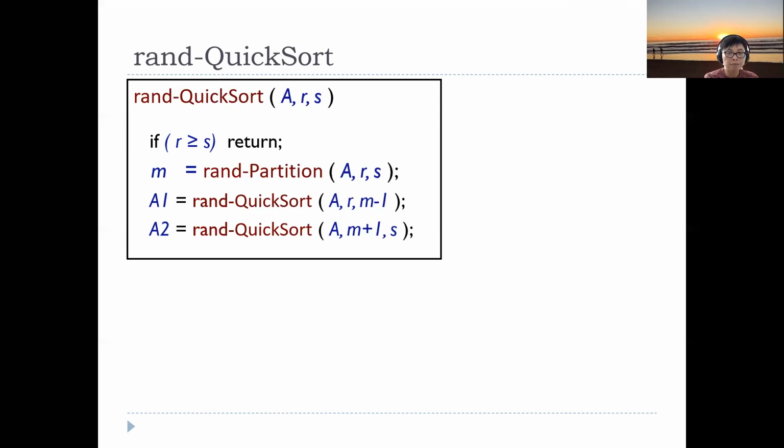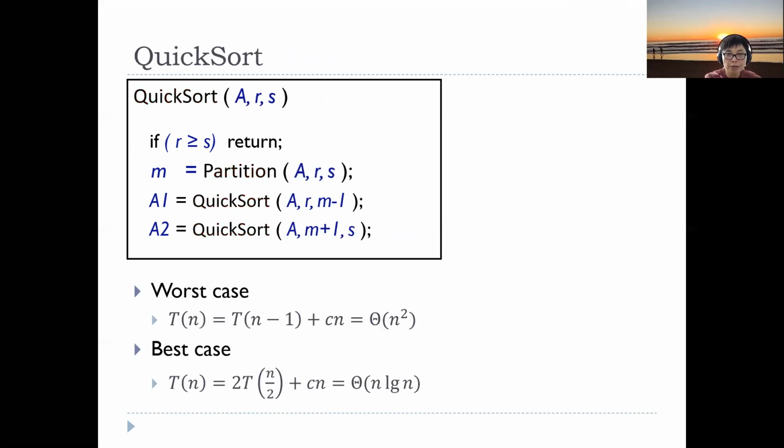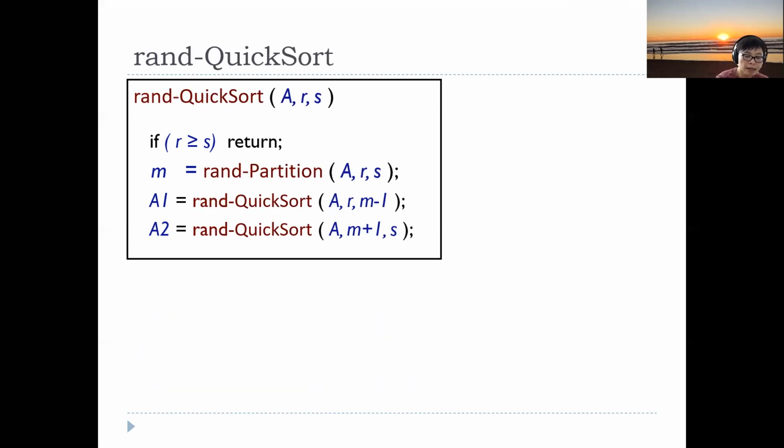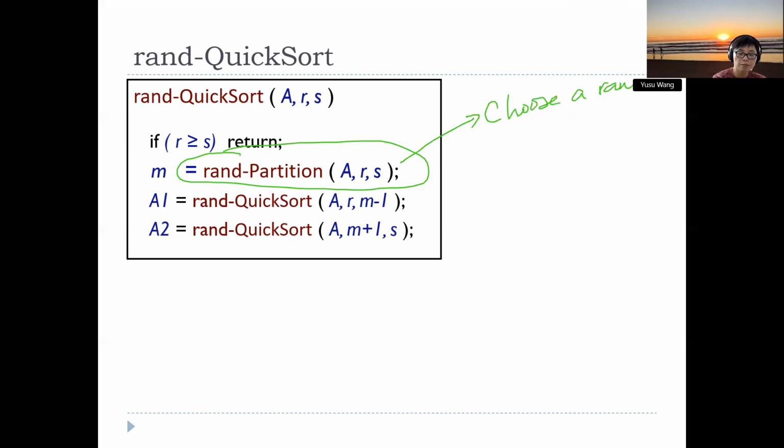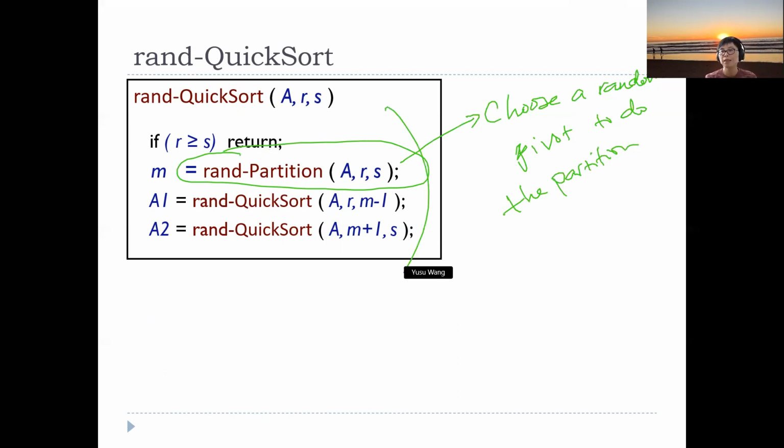And so compared to the previous algorithm, the only difference we make here is that we simply use random partition. So instead of always choosing a fixed pivot, we choose a random pivot to do the split, to do the partitioning. That's it. Everything else remains the same.